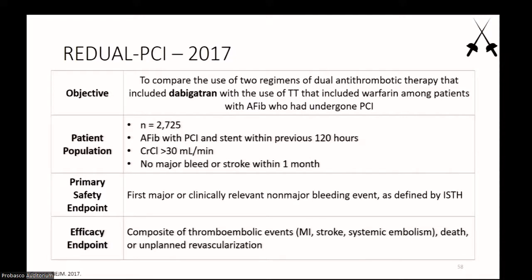So there were about 3,000 patients in this trial. Patients had to have AFib with PCI and stent, and the primary endpoint was, again, the safety endpoint that looked at first major or clinically relevant non-major bleeding event. And the efficacy endpoint was, again, the composite of thromboembolic events.